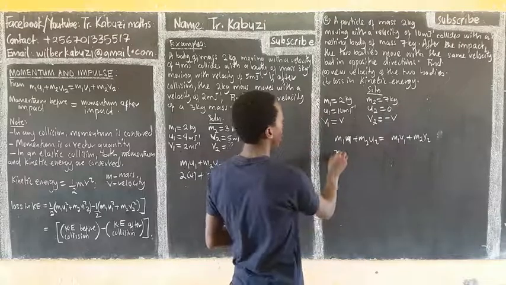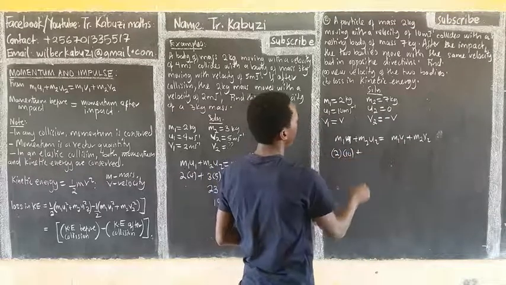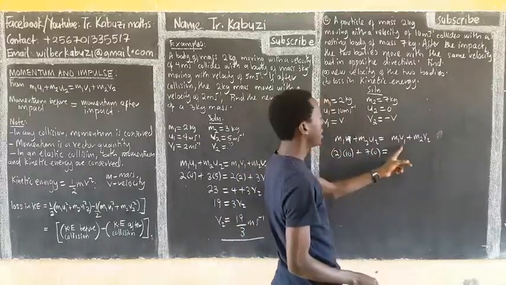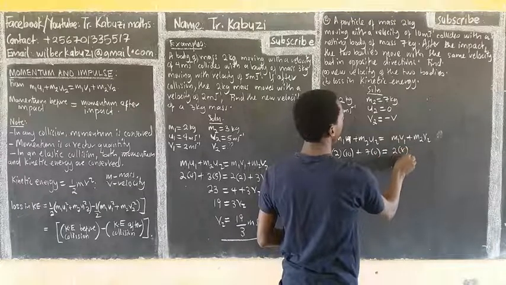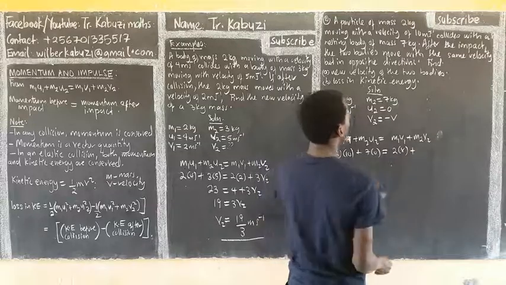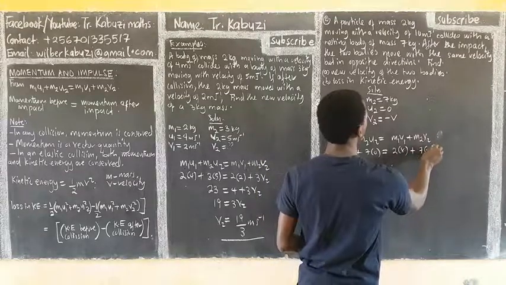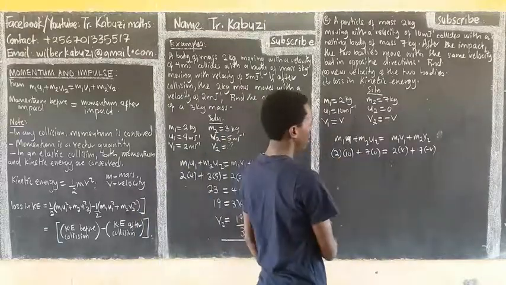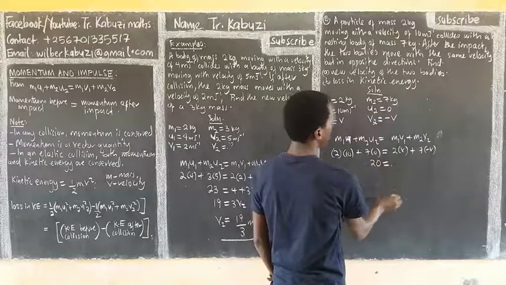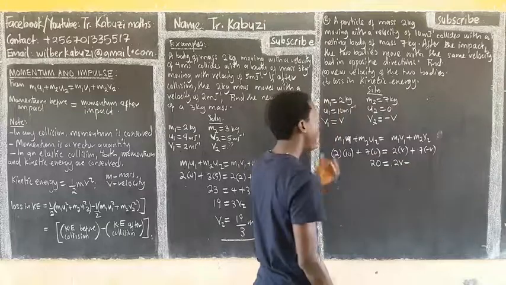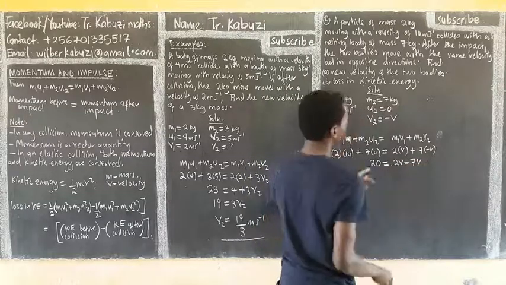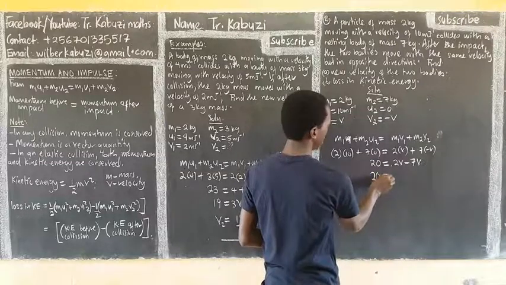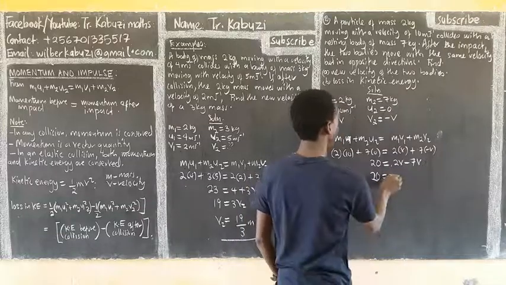So M1 here is 2 into 10 plus 7 into 0, because this was at rest, equaling M1, 2 into V, plus M2, which is 7 into negative V. So this will be 20 plus 0, this will be 20, equaling 2V minus 7V.